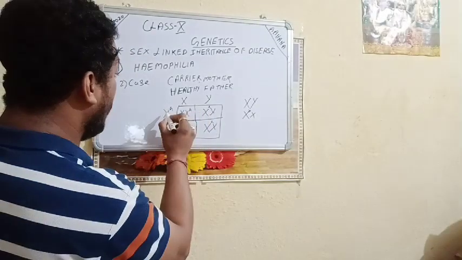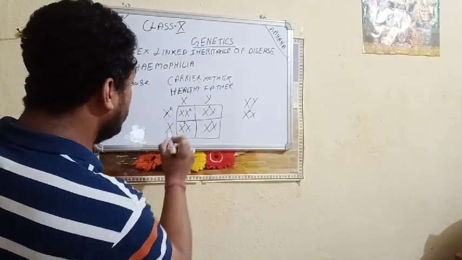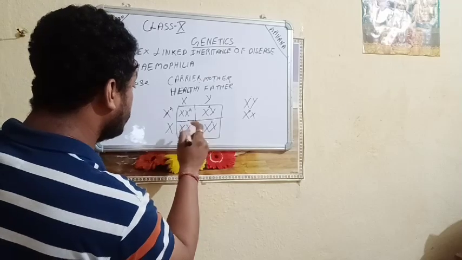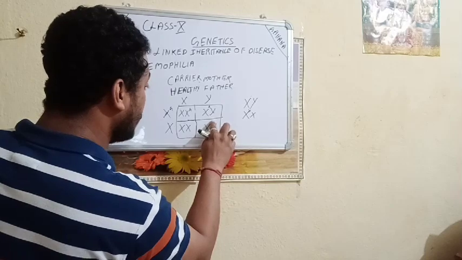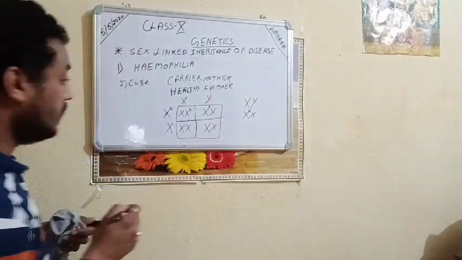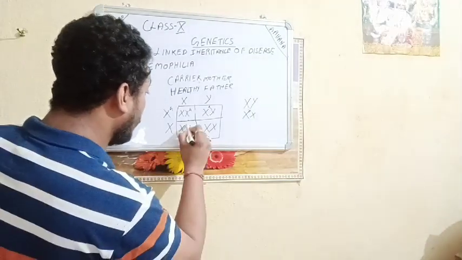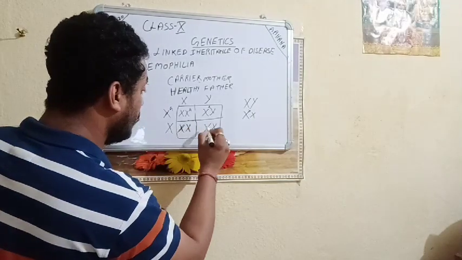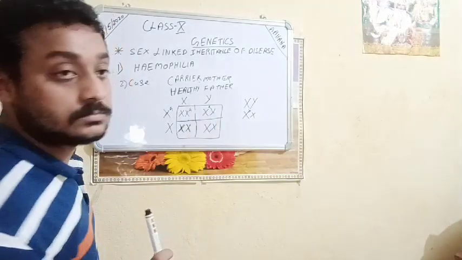So let us see again XXH, then again XHY, then just to omit this H, XX, again XY. Means one healthy daughter, one healthy son, one hemophilic son.